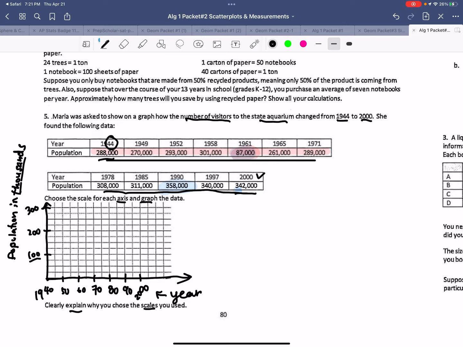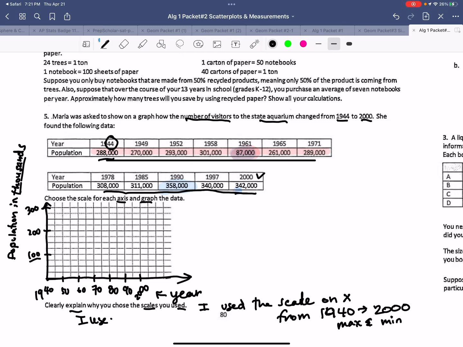Clearly explain why you chose the scale you used. I used the scale on the X from 1940 to 2000 because that's my max and my min. I use the scale 0 to 300,000 because that's my max and min.